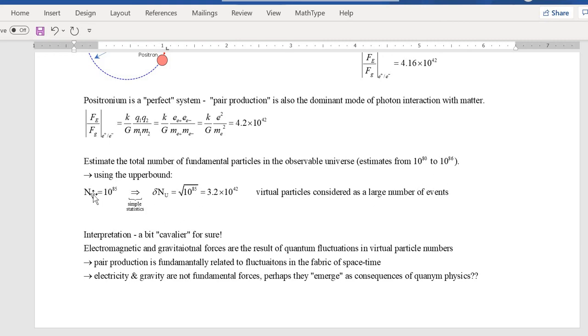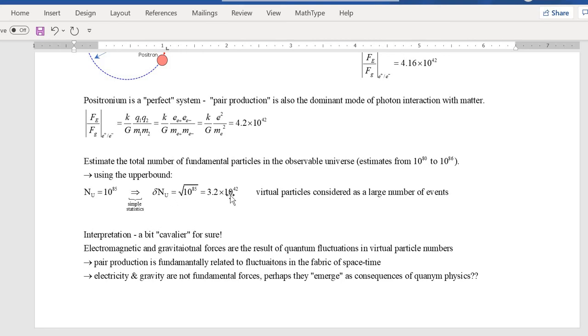If we assume the number of particles is about 10 to the 85, and you consider virtual particles as a large number of events, then we know from simple statistics that when you have a very large number, the uncertainty in that number is just the square root of the number.